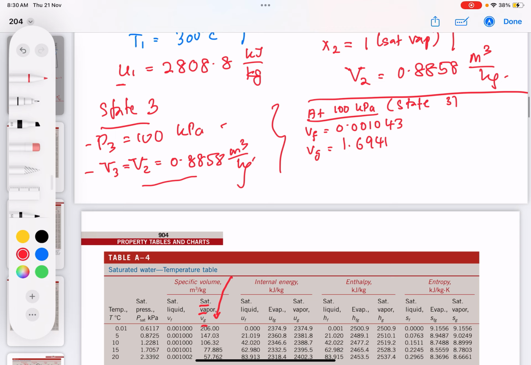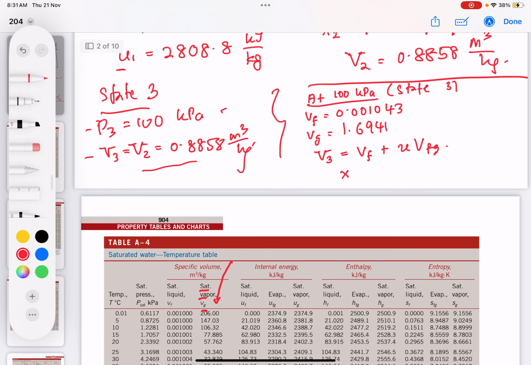I know that the specific volume at state 3, V3, equals Vf plus x Vfg. So x is equal to V3 minus Vf, divided by Vfg, which is Vg minus Vf, that is 1.6941 minus 0.001043. Then I'm going to get the value of x.